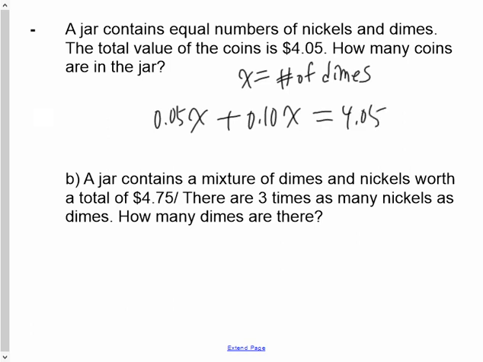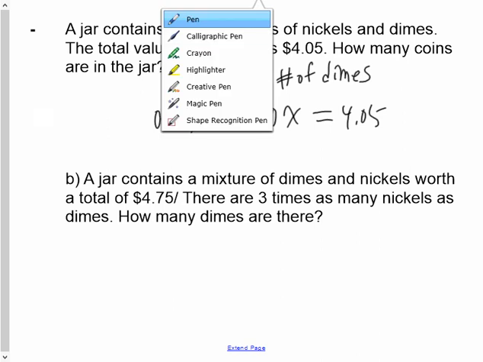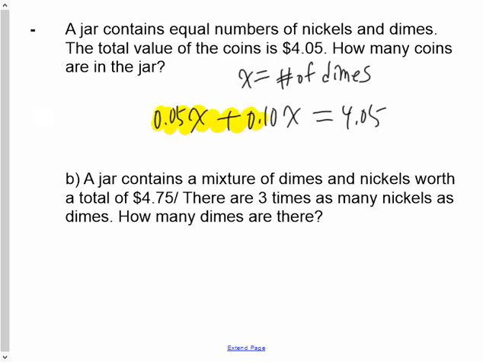is going to equal $4.05. And now we go back to chapter 5 on adding and subtracting polynomials, or gathering like terms. I can add these two together because they are like terms, which means I combine the coefficients. So that becomes 0.15x equals 4.05.